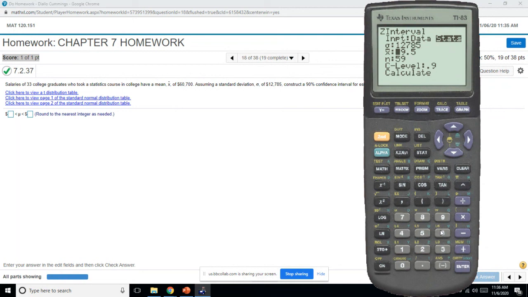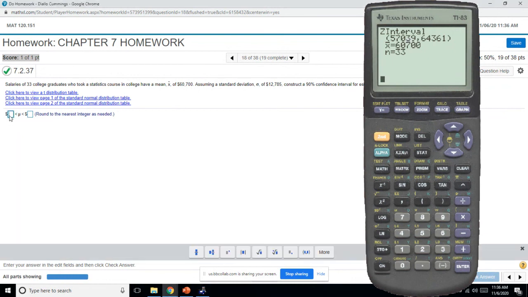Our mean salary is $60,700. n is 33. Our confidence level is 0.9. And we have a Z interval of $57,039 to $64,361.